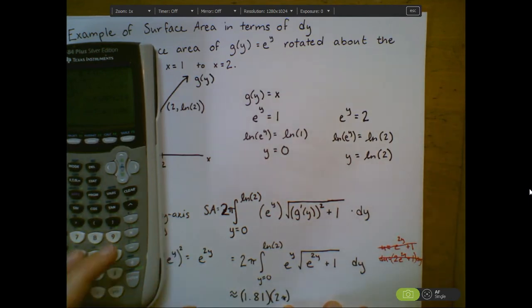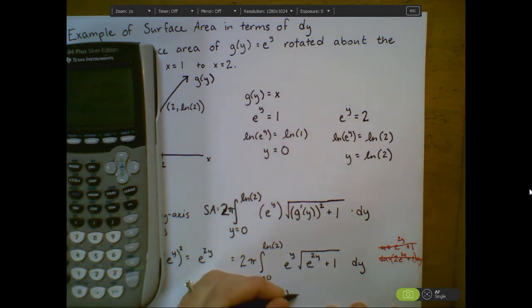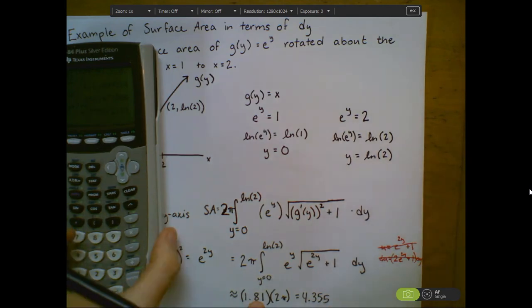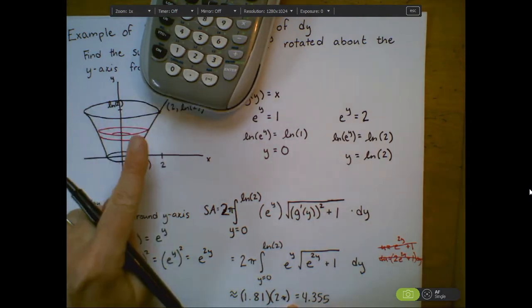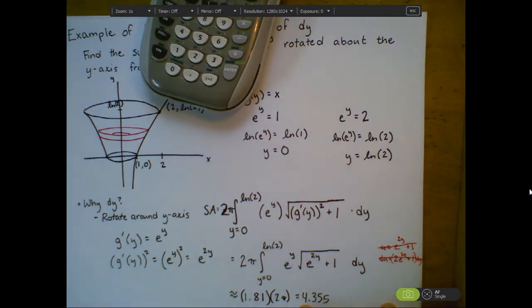So I need to take this answer and multiply it by 2 and pi. So this computation was a modification of the arc length, but in addition to that, we have to rotate it all the way around, and that's why we get our 4.355 for the entire surface area.